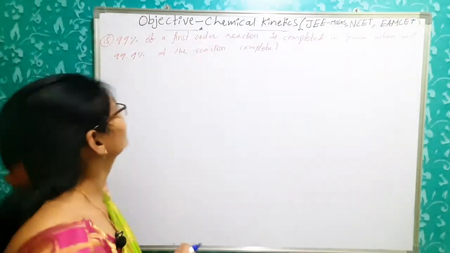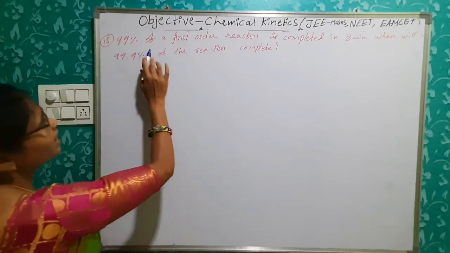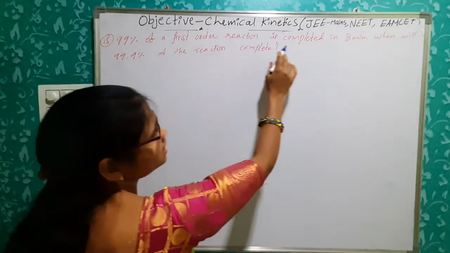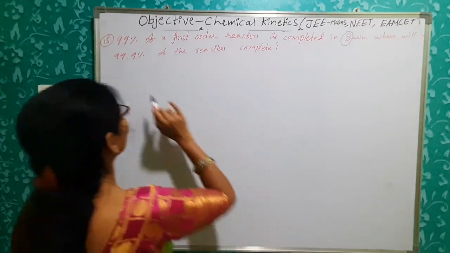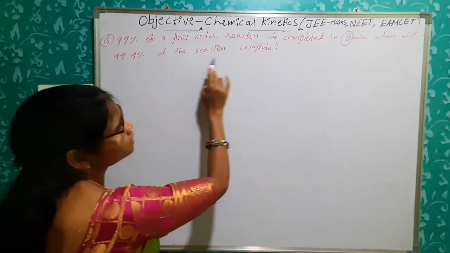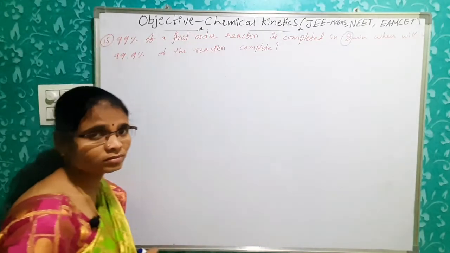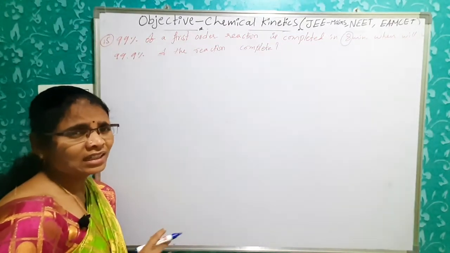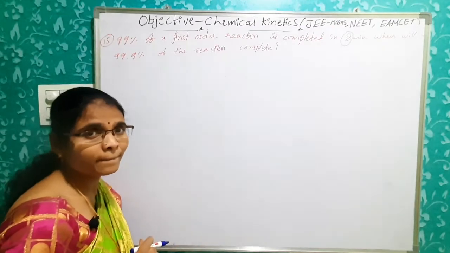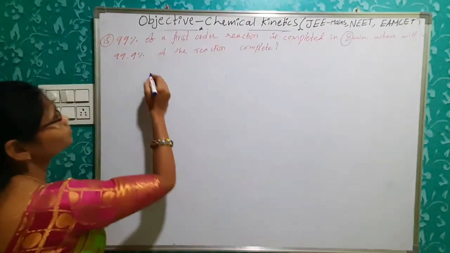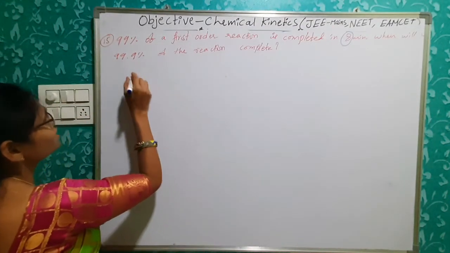Next, the 15th one. 99% of a first order reaction is completed in 8 minutes. When will 99.9% of the reaction be complete? It didn't give K, but we can calculate the time. I will show you.